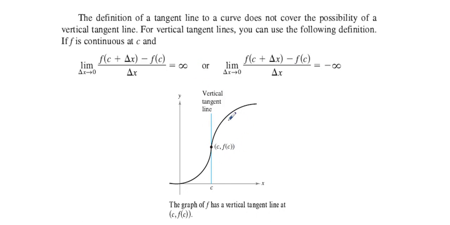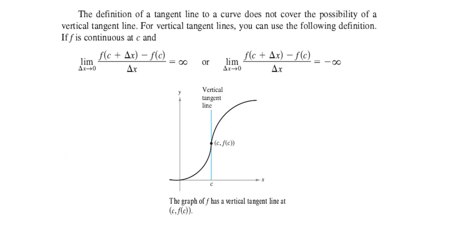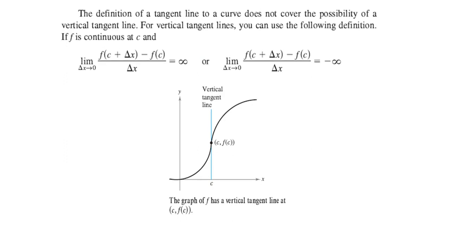You can see that in this illustration from your book also. So if you run that limit process to find the slope of a tangent line, and you get does not exist, positive or negative infinity, that means we have a vertical tangent line. That means the slope is undefined. Okay?